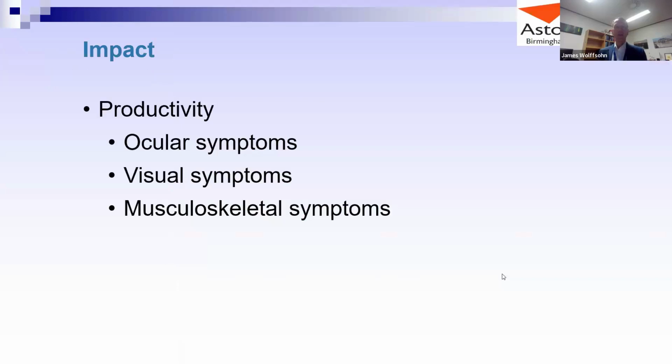The report goes on then to look at productivity, and there's clear evidence that if you're suffering from digital eye strain, that will impact ocular symptoms, visual systems, musculoskeletal symptoms, and then impact other things related to that, such as quality of life.